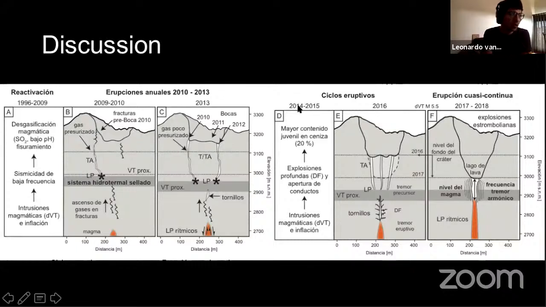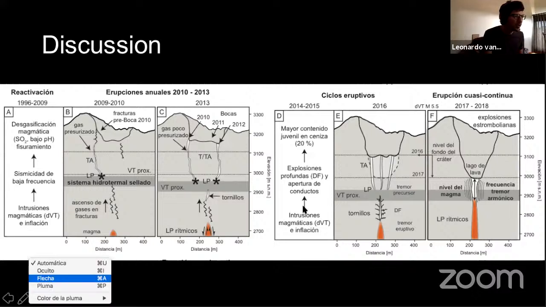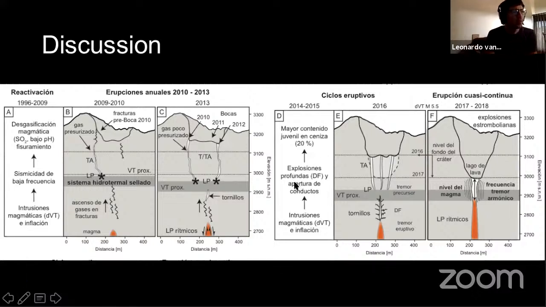Then between 2014 and 2015, we have opening of the conduits. We have more magmatic intrusions. The volcano-tectonic activity increases, and also we start to see these double phase explosions. And also the content of fresh juvenile ashes increases.